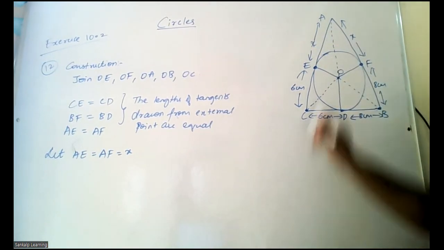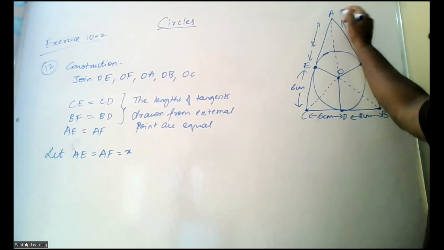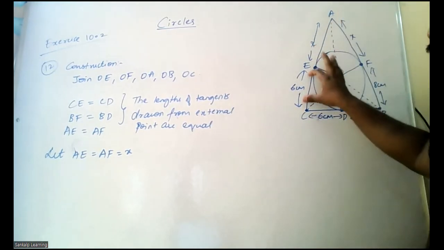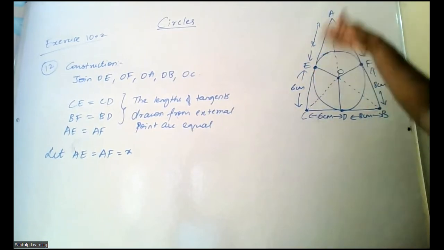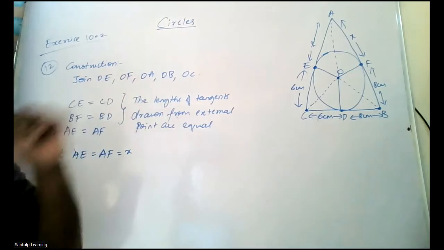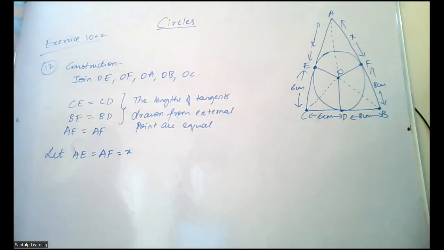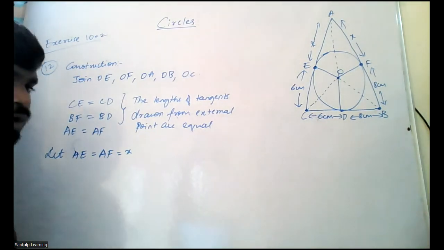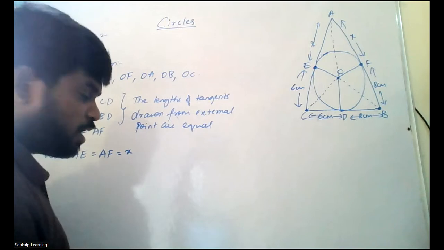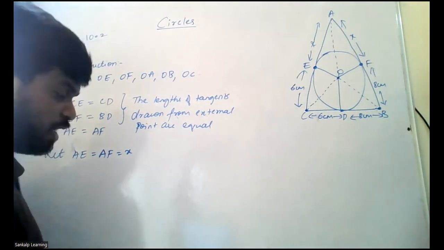Okay. Now, very simple. If I find the value of x, the problem is done, because I know this x. Add with this, I get the complete value of AC. Same thing for AB. So the main motivation is to find x. Okay. Now, let's start. You would have learned something called Heron's formula in the last academic year. Heron's formula is used to calculate the area of the triangle.